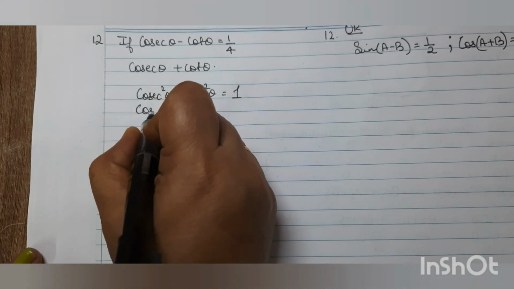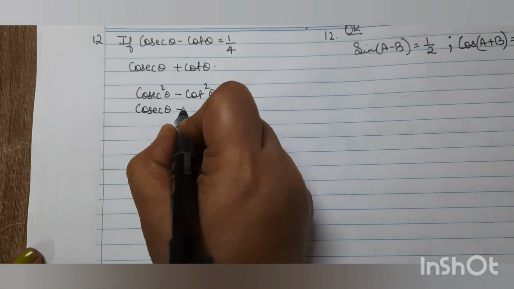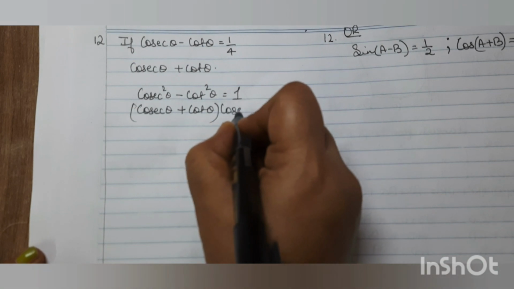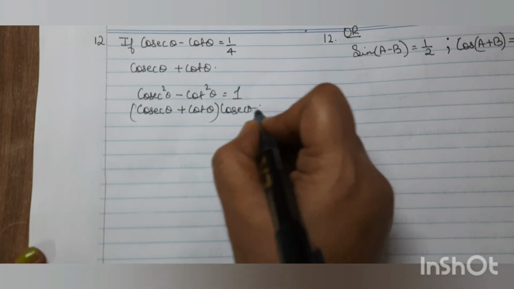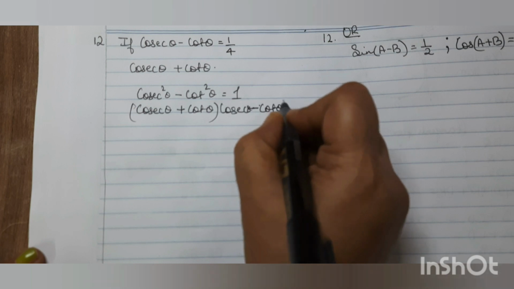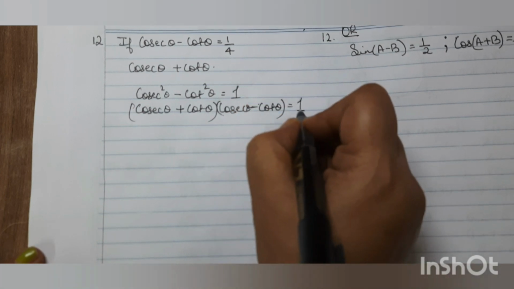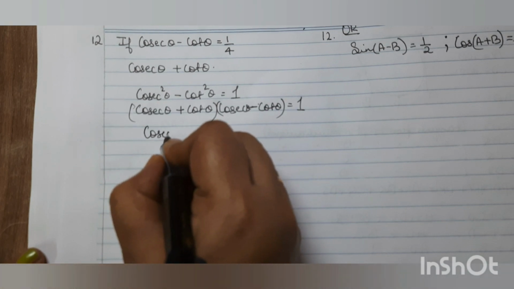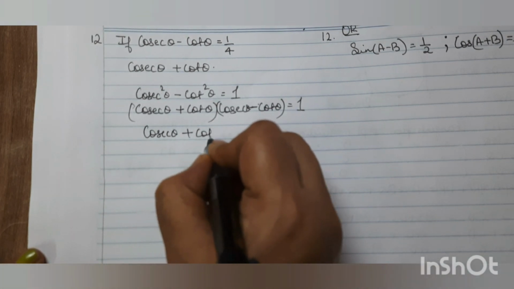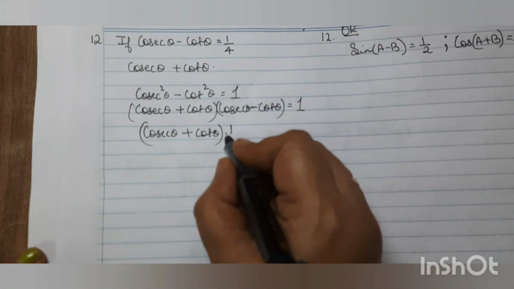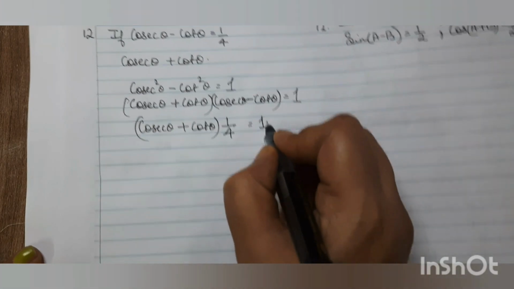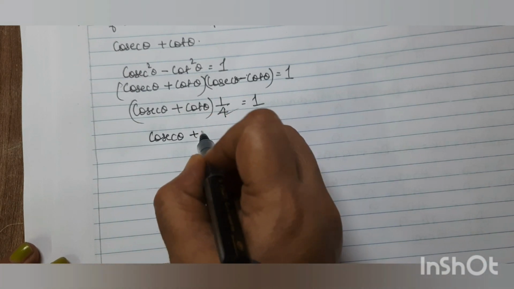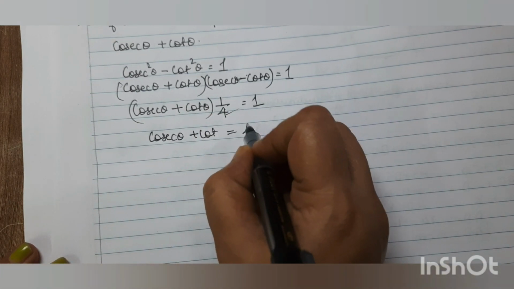So a square minus b square, a plus b, a minus b, equal to 1. What we know here is 1 by 4. So cosec theta plus cot theta into 1 by 4 equal to 1. So cross multiply, we get cosec theta plus cot theta equal to 4.